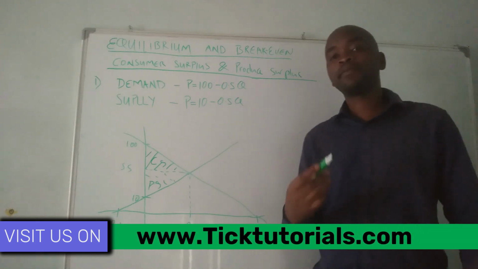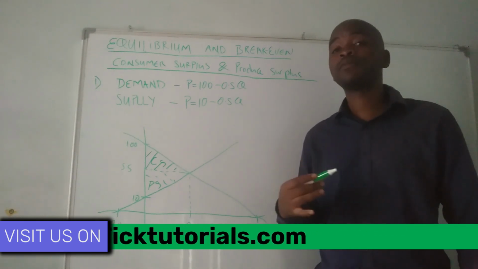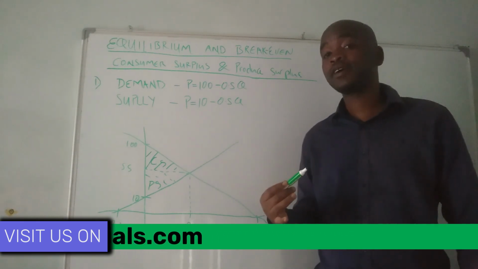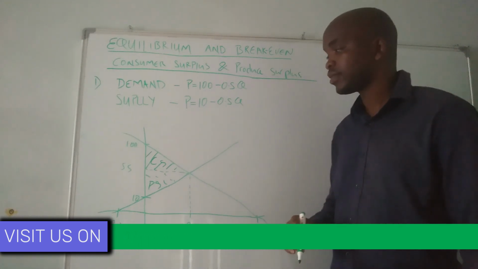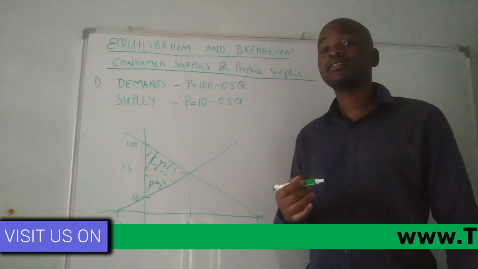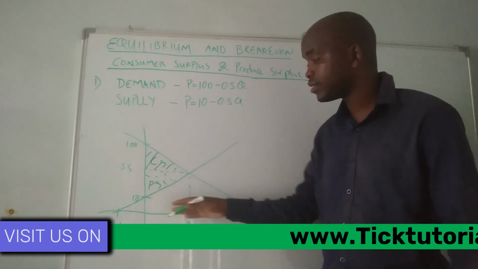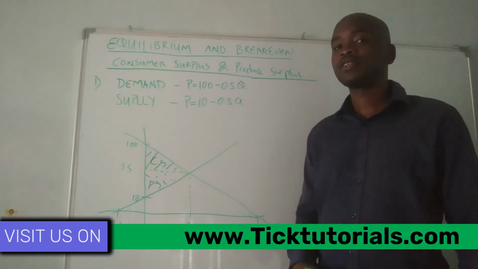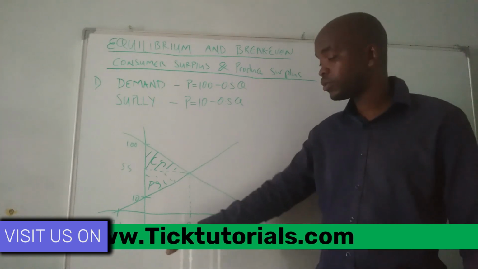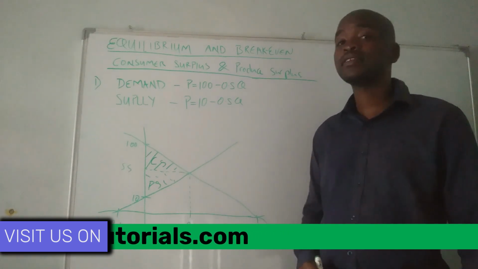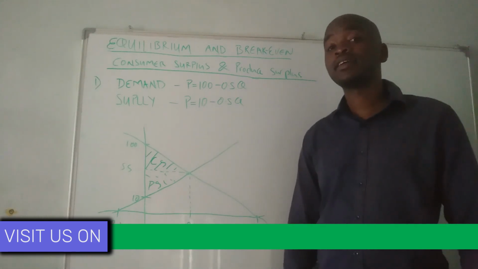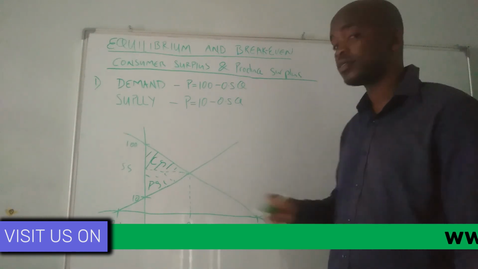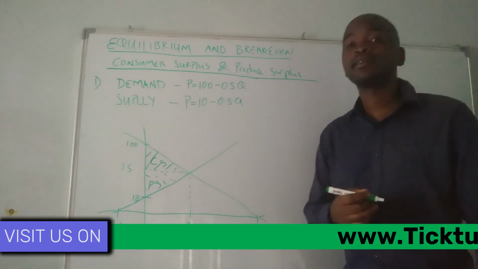You're going to remember that the formula for the area of a triangle is half base times height. Our base and our height can be this side or that side. In this case, we're going to pick 0 to 90 as our base and 55 to 100 as our height.